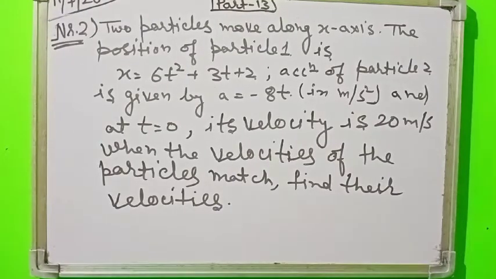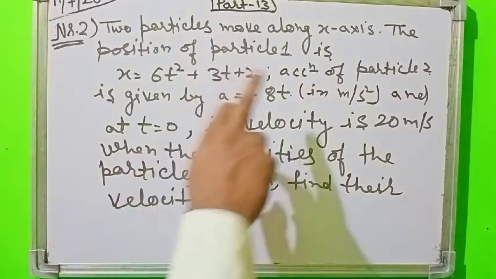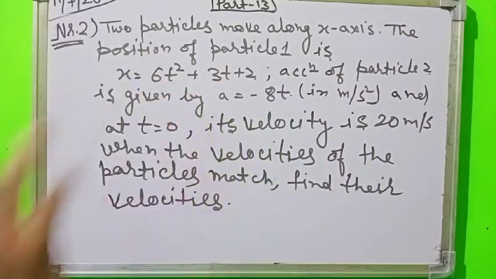Now students, dear students, look at this question. This is a very good numerical. It is given that the particle moves along the x-axis. The position of particle 1 is x is equal to 6t square plus 3t plus 2.